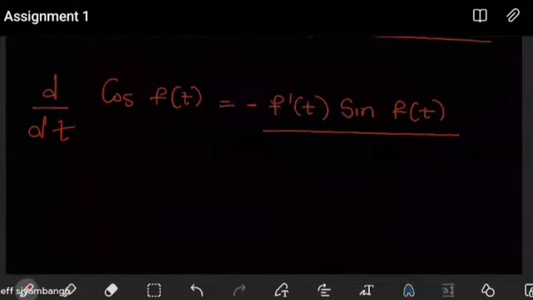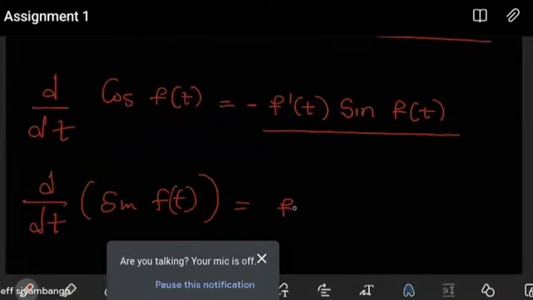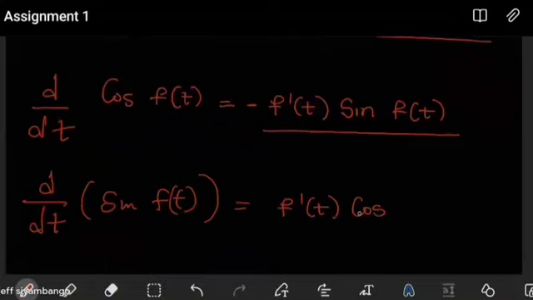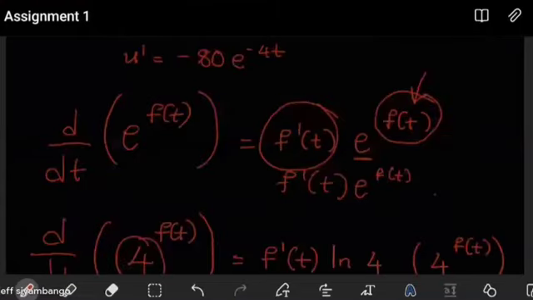Had it been sine, something similar: first I'll differentiate the f of t, f prime of t. Now differentiate the sine. The derivative of sine is just cos. And then keep the argument exactly the way it is. So this is the derivative of sine.